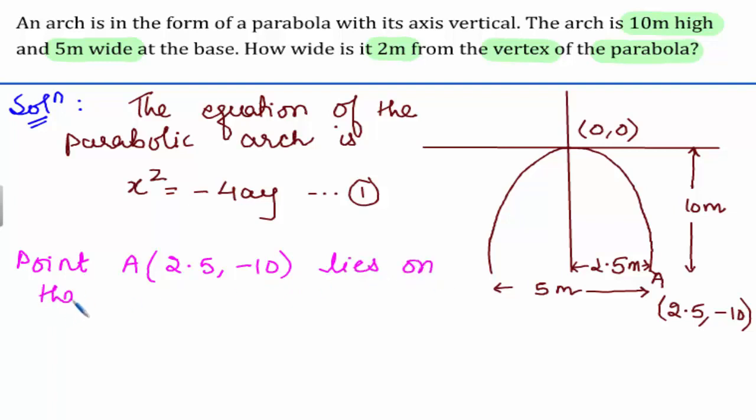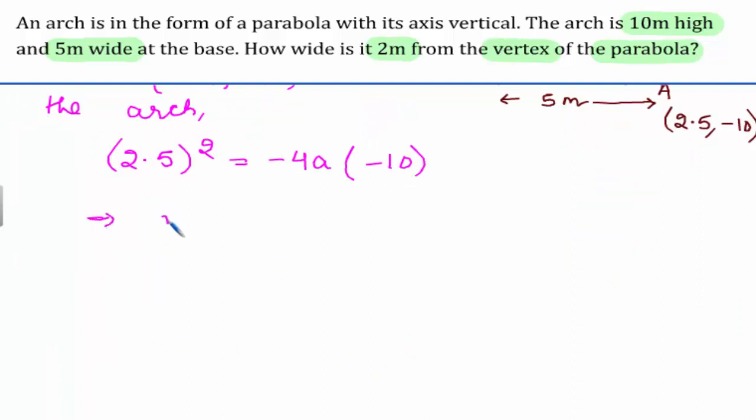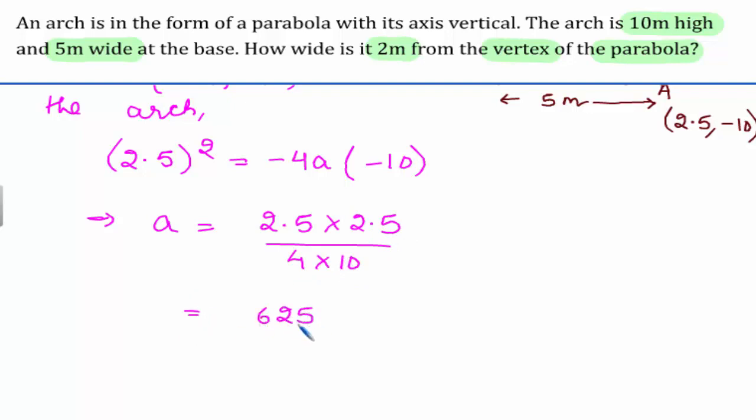Since it lies on the arch, this point will satisfy equation number 1, that is replacing the value of x by 2.5: 2.5 square is equal to -4 into a into y, that is -10, which implies that a is equal to 2.5 into 2.5 divided by 4 into 10, and this is equal to 625 divided by 4 into 10 into 100.